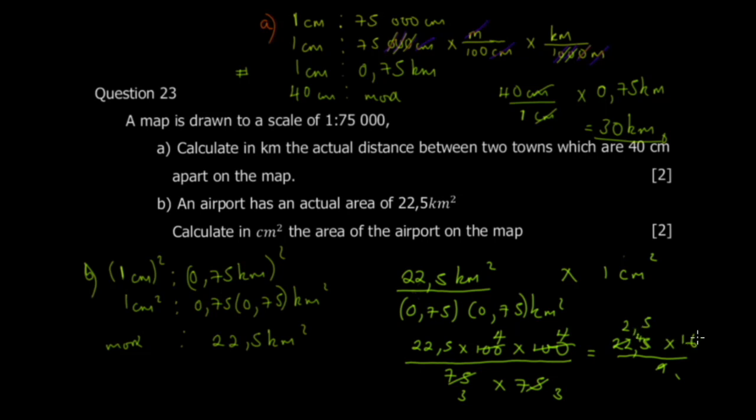So it's 2.5 multiplied by 16. 2 by 16 is 32, then half of that is 8. So 32 plus 8, which is 40. So that's 40 square centimeters, like this.